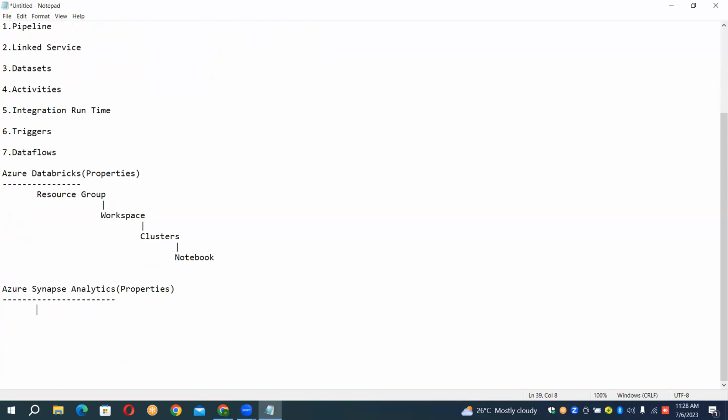Okay, so here I'm just discussing some of the properties or components. First is the resource group, which is common for this one as well, and under this resource group, the login details, that means you will have to create a workspace. Next, under the workspace, you will have the pools.